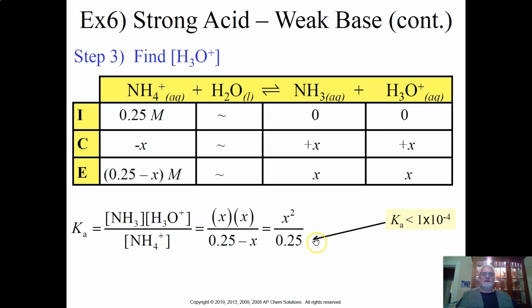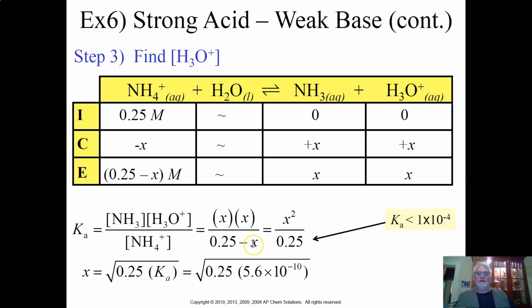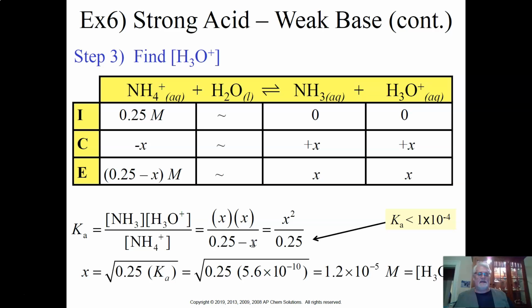And of course, this is small enough to leave this x out. You solve for x, and boom, 1.2 times 10 to the minus fifth is the H3O plus concentration. And that's the one we really wanted to get to.